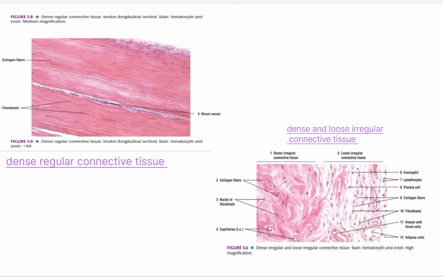But on the other hand, in the upper picture, you can see the flowy regular pattern of the dense connective tissue with intermittent lines of fibroblasts. Here the fibers, the matrix and the cells are all haphazardly placed in the loose irregular connective tissue, which we also find in the walls of the alimentary canal.